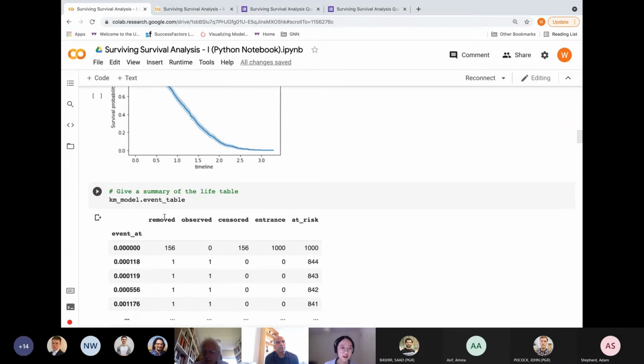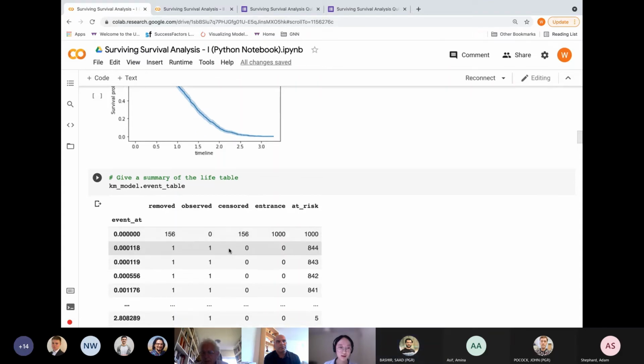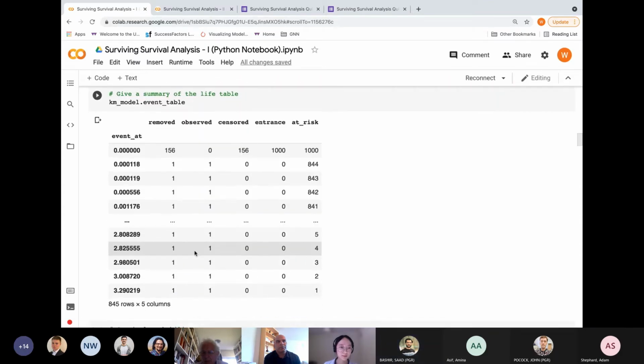You can also get a summary of this life table, with the number of subjects censored, observed, and removed, and also the number of subjects at risk at each time. So you can see the subjects who are at risk and also censored at each time point.